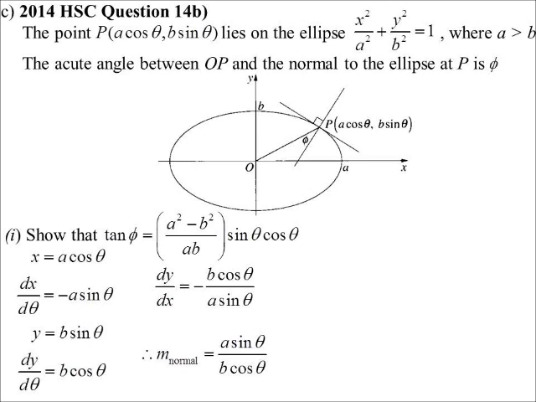We now need to find the slope of OP, but again, it's joined up to the origin, so that's quite easy. b sin theta on a cos theta. Okay. Angle between two lines. Absolute value of slope 1 minus slope 2 on 1 plus slope 1 times slope 2. Oh, fractions on fractions, but if we have a look, the denominator will end up being the same.